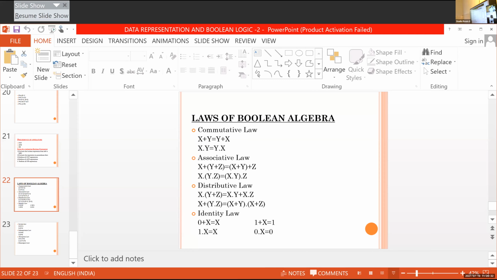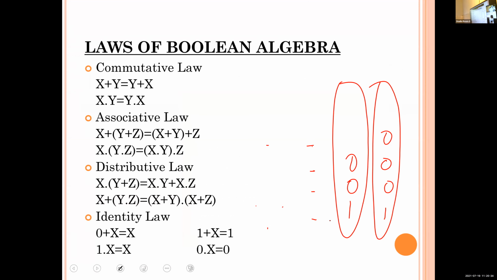Write the law first. What is associative law? x plus y plus z equal to x plus y plus z, that is based on OR gate, and based on AND gate it is x dot y dot z is equal to x dot y dot z.